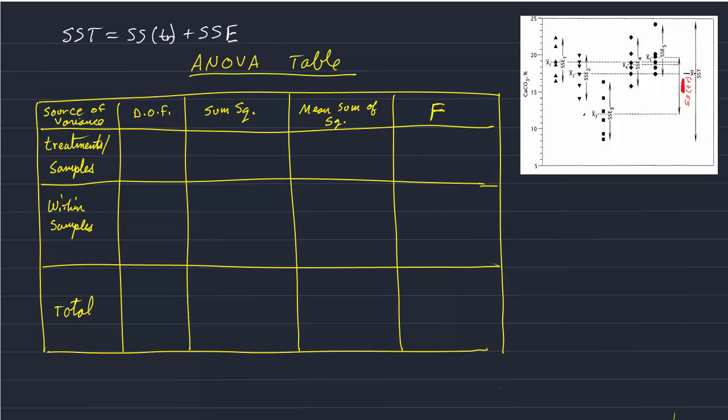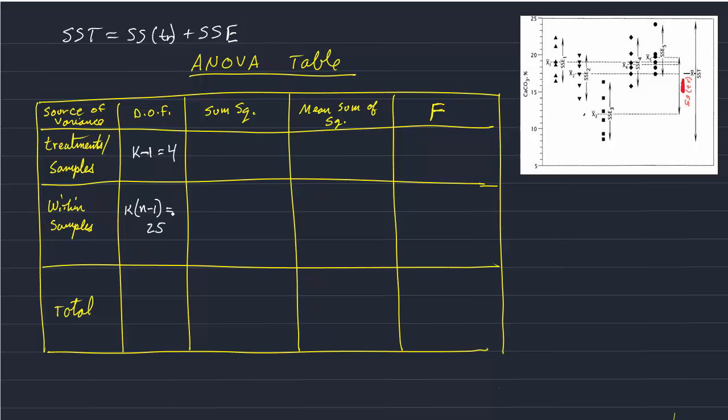So the degrees of freedom associated with the number of samples is simply our K samples minus 1 for the grand mean. And in this case, that was equal to 5 minus 1, or 4. The degrees of freedom within all 5 samples is, so we have K samples, each associated with n minus 1 degrees of freedom, and in this case that gives 25.